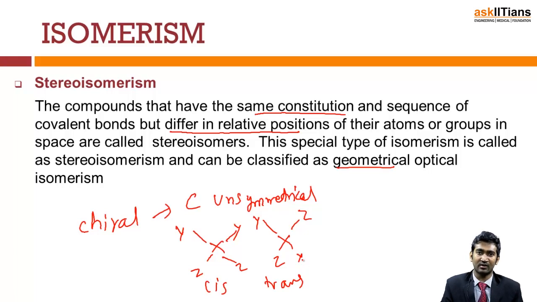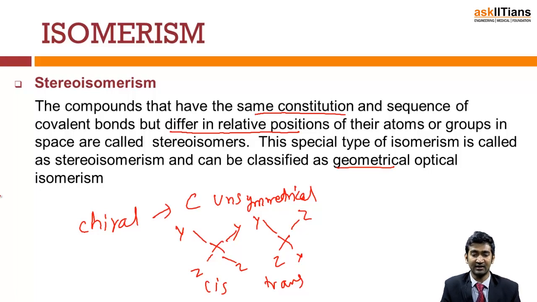Next, the optical isomerism, that is the stereoisomerism, which is your optical one. So that I am going to teach you by a video, which will be very, very interesting. This is a very good quality animated video, so you will better know what is actually happening. And what do I mean by chiral center?